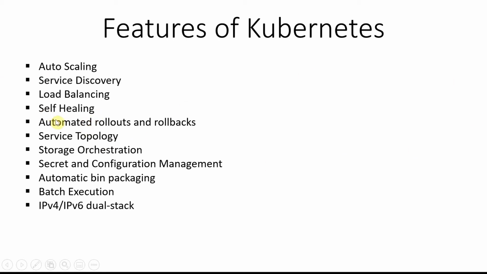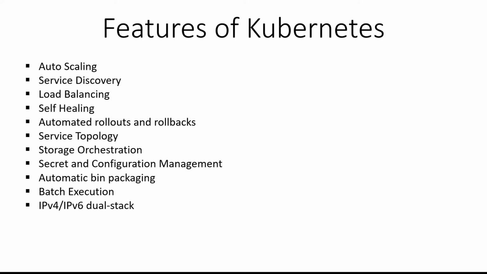Then automated rollouts and rollbacks. This is very common. From our experience in IT, we generally deploy our projects to production, and if every production deployment goes well, it is good, but there's no guarantee. Sometimes if something doesn't work, you should roll back. You need to switch back to the older version, right?